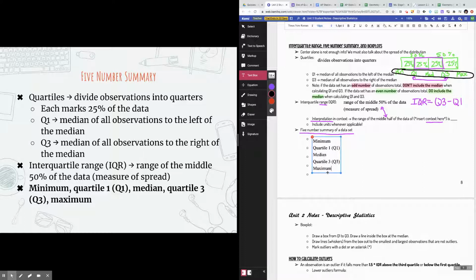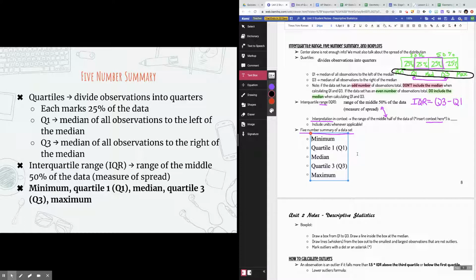So this is a quick summary, it's exactly what it sounds like. Rather than looking at every individual data point and maybe being able to talk about the shape, if you have the 5-number summary, you can talk about a lot of different things like outliers, spread, because you'll have range and IQR, and you can also talk about median.